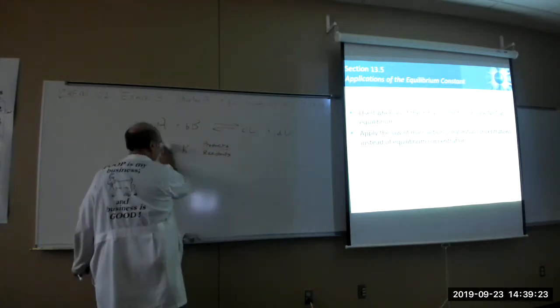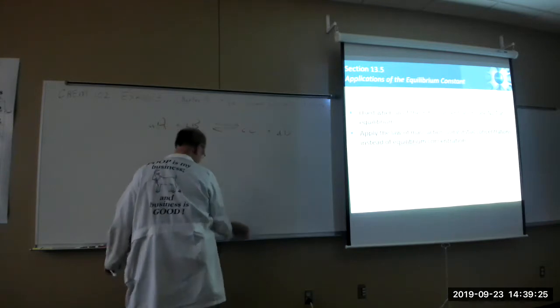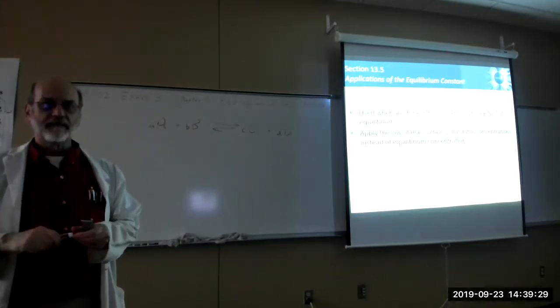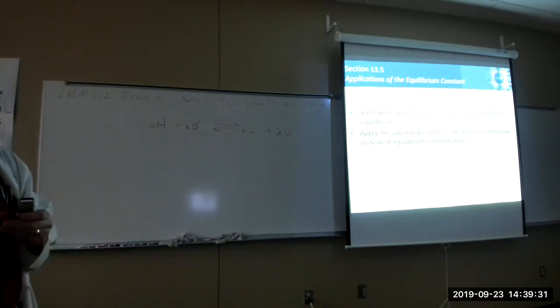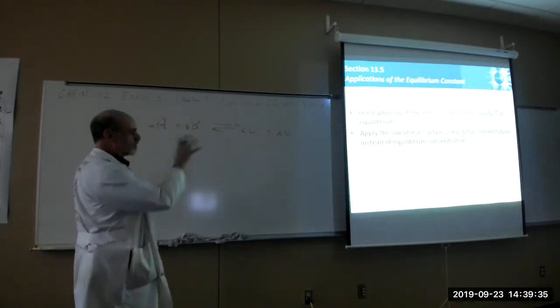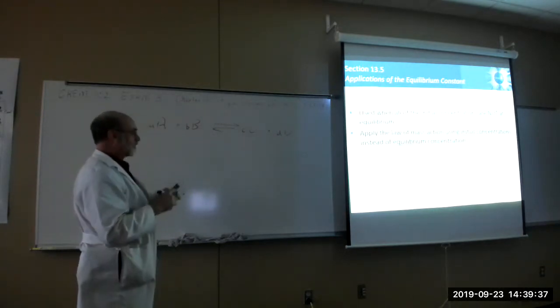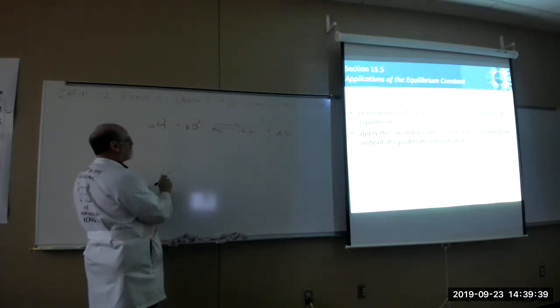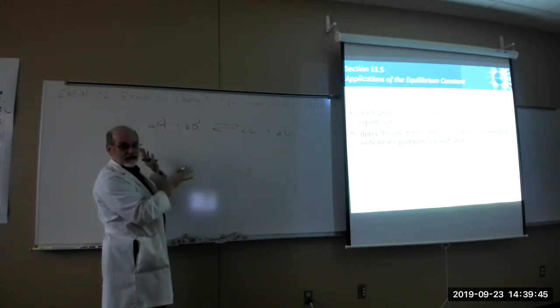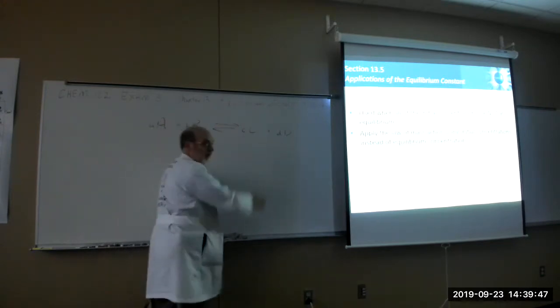suppose we're not at equilibrium. What do we do with that situation? Can we predict which way the reaction is going to go? Well, before we do that calculation, we could say, if we mix A and B in a vessel, and that's it, then it's easy to predict it's going that way.